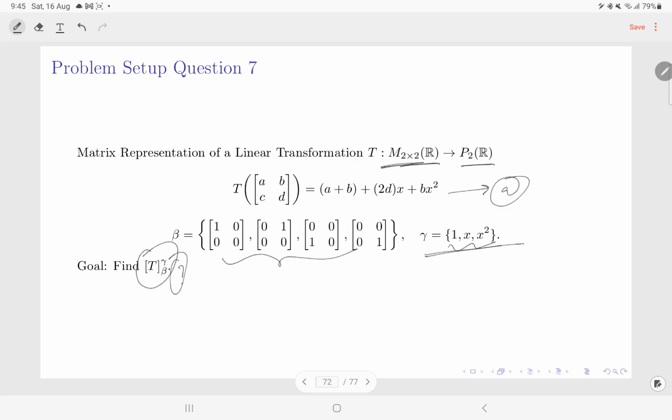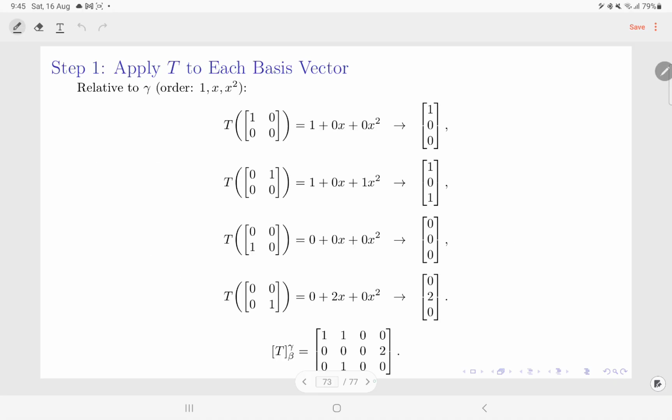You can pause this video and try to solve it yourself. The steps are given like this. Once you apply the first standard basis, you will get this vector. Similarly for the second, third and fourth, and now stacking these as the columns of the matrix, you will get the matrix as this one.